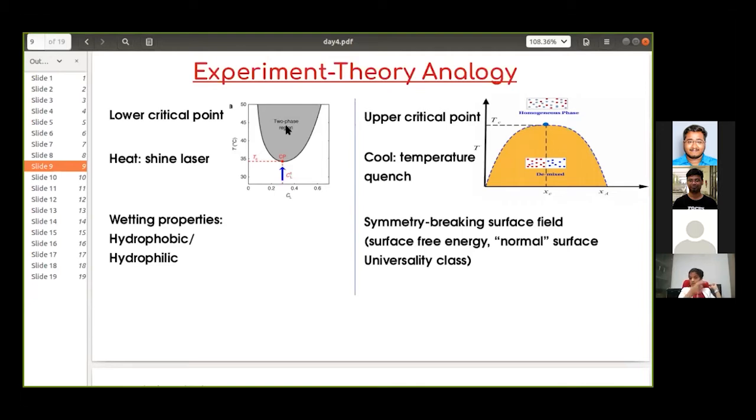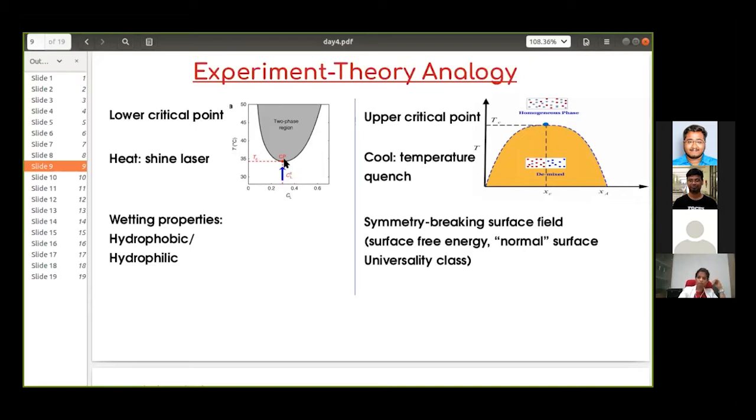Now, in principle, one can of course start in experiments with an upper critical point as well. But the problem there is that maintaining the temperature of a fluid at such a high temperature is technically pretty difficult in the experiments. So it's much easier when you have a fluid whose lower critical point is close to the room temperature.